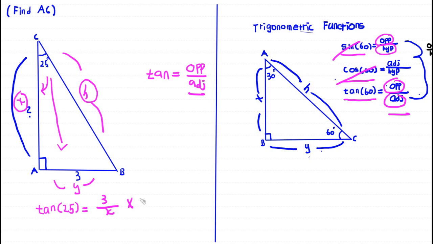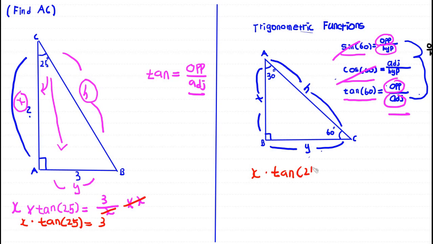And we can multiply by x on both sides in order to isolate this x and remove all the expressions. And this x will cancel out, and you will be left with x times tangent of 25 is equal to 3.